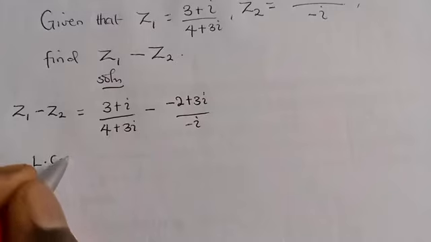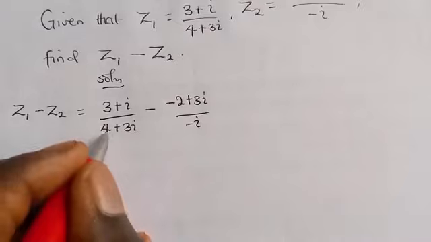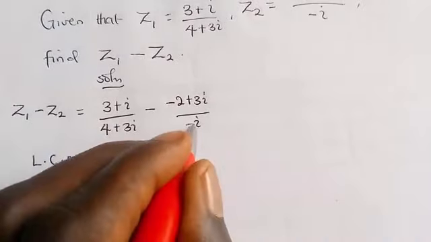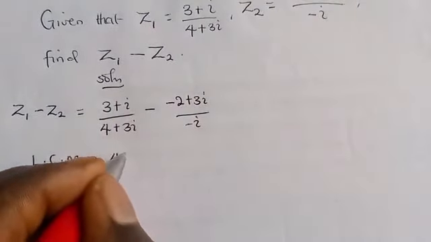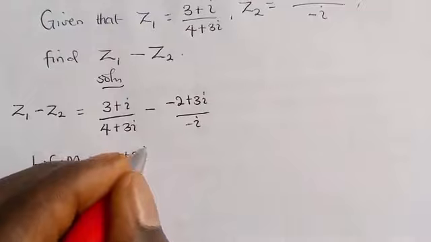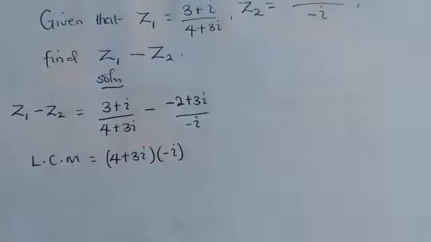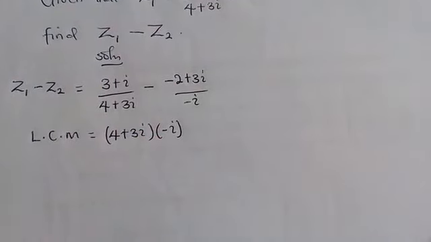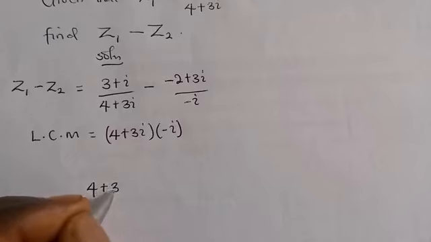The LCM here will be equal to 4 + 3i multiplied by negative i. So we have (4 + 3i) multiplying negative i as our LCM. If we have this as our LCM, let's solve the fraction.